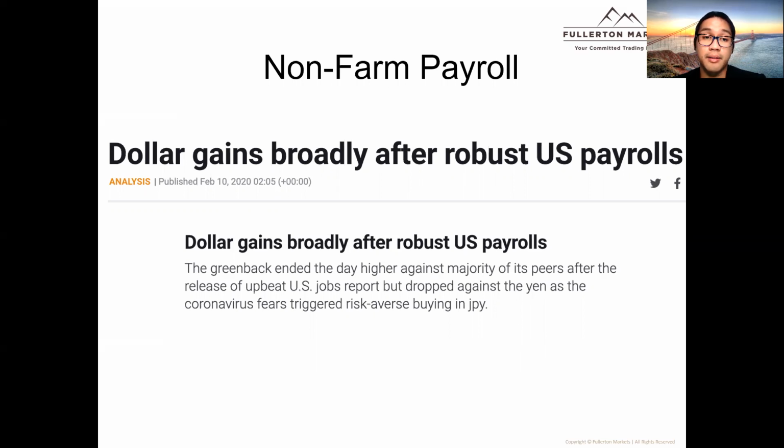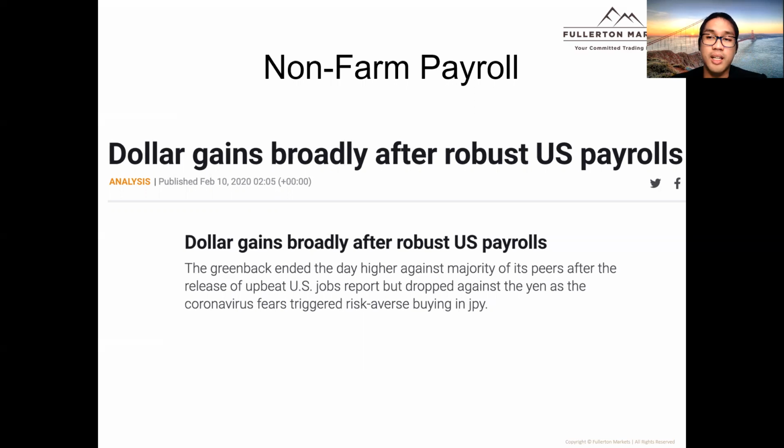The first being, the dollar strengthened because of a really good US payrolls report, all right? Second, it did better than most currency pairs except for the Japanese yen. And third, we can see here that people bought the Japanese yen because they want to invest in risk-averse currencies such as the Japanese yen, all right?